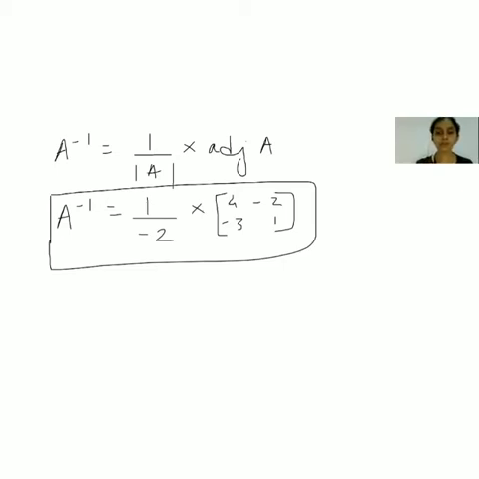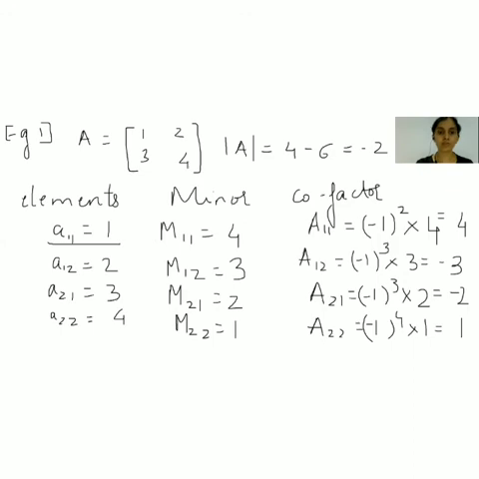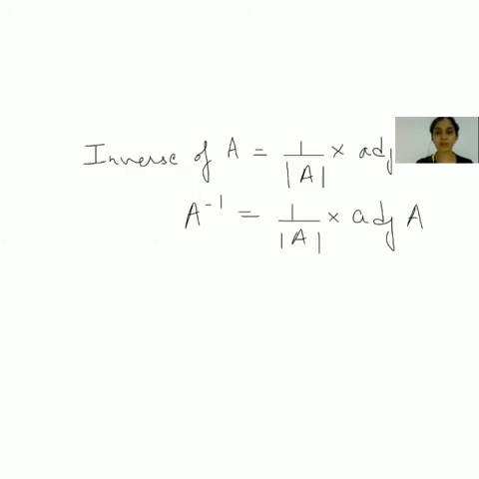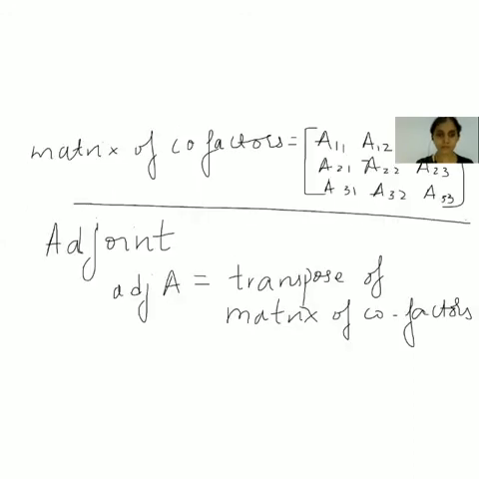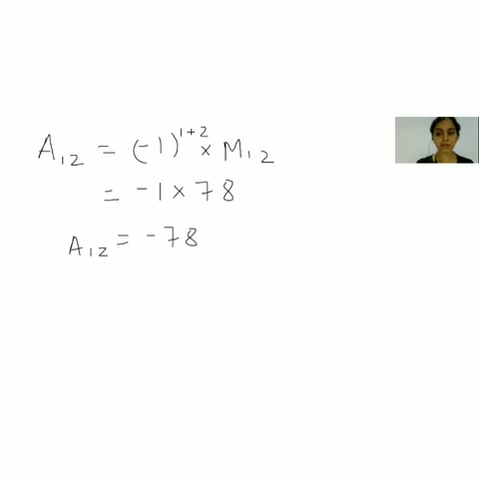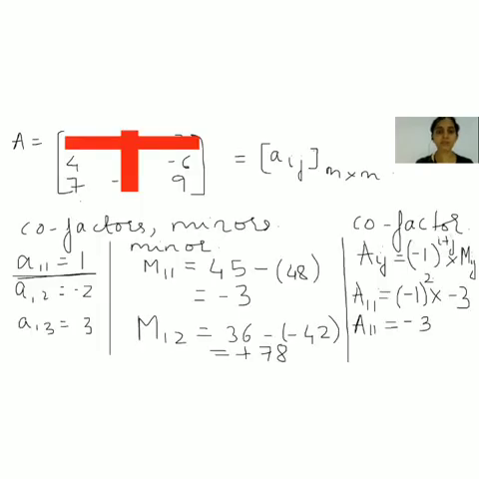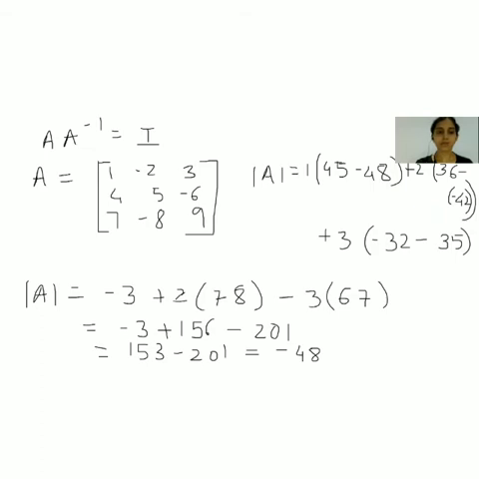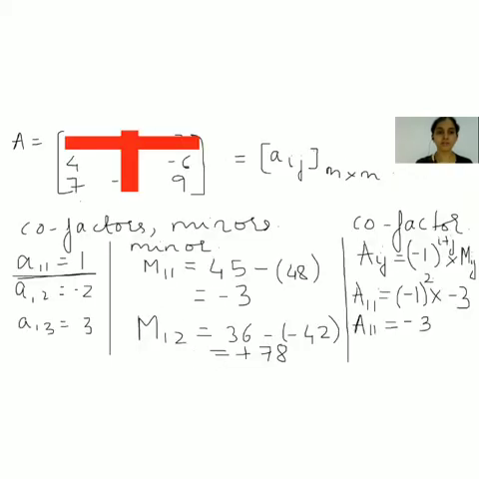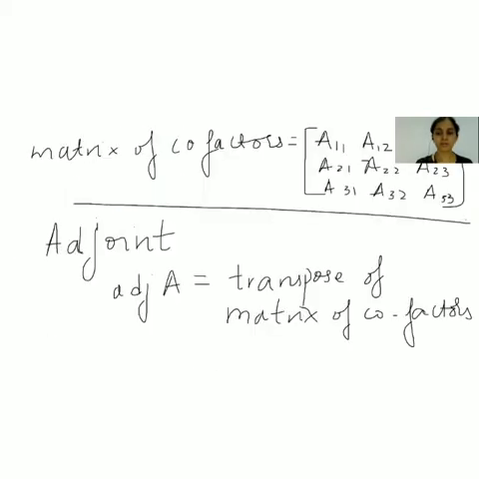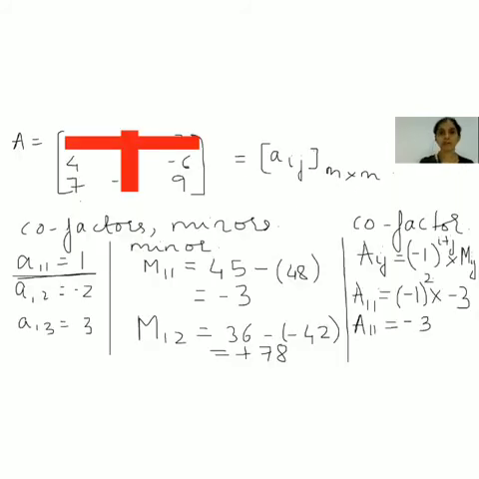Okay, so let me go back and just revise the steps that you require to find the inverse using the adjoint method. Let us begin from the matrix that we have here. Yes, this matrix, a 3 by 3 matrix.